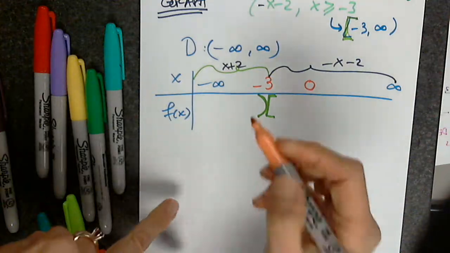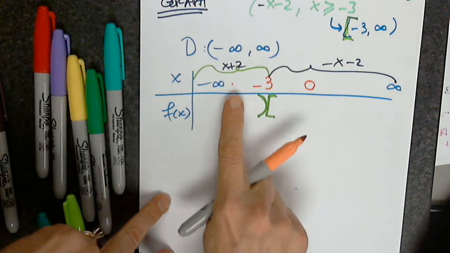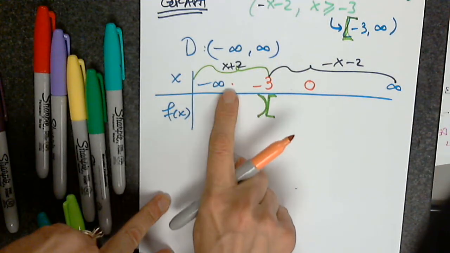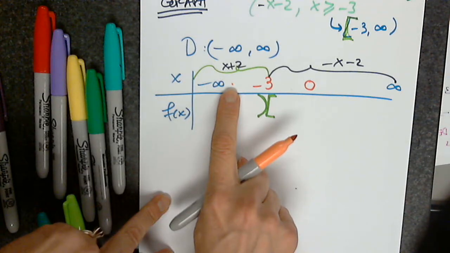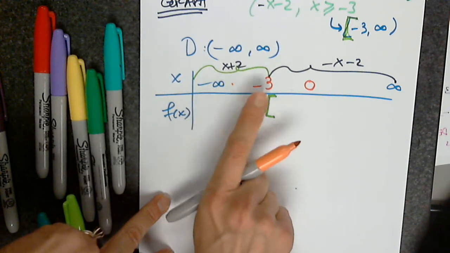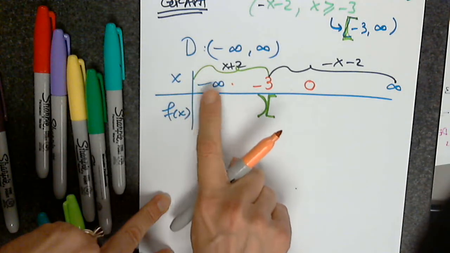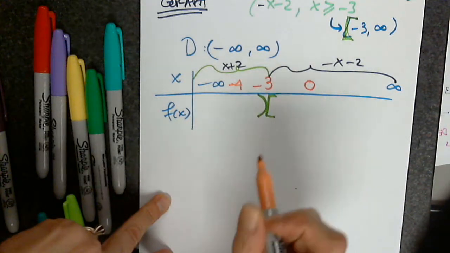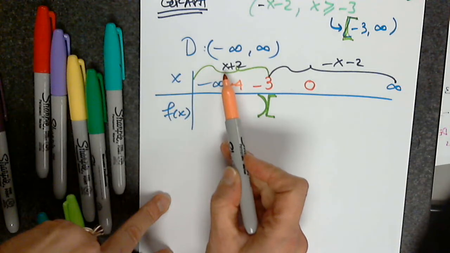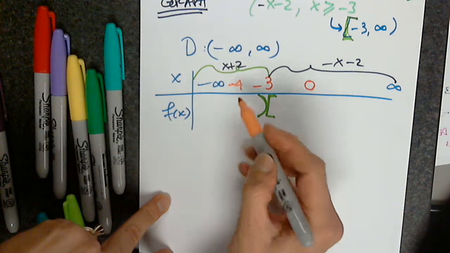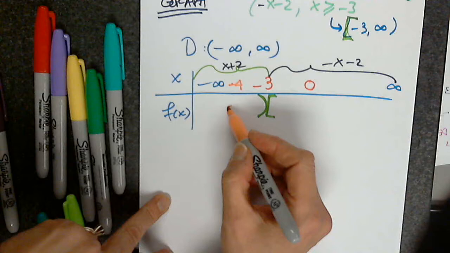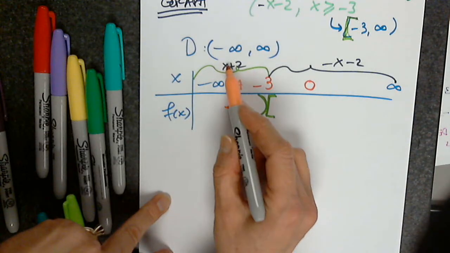So let's determine another value here. Give me another value in this territory. 1? You can't, because 1 is not between negative infinity and negative 3. Negative 4 is good. So let's plug it in. Please plug in negative 3.